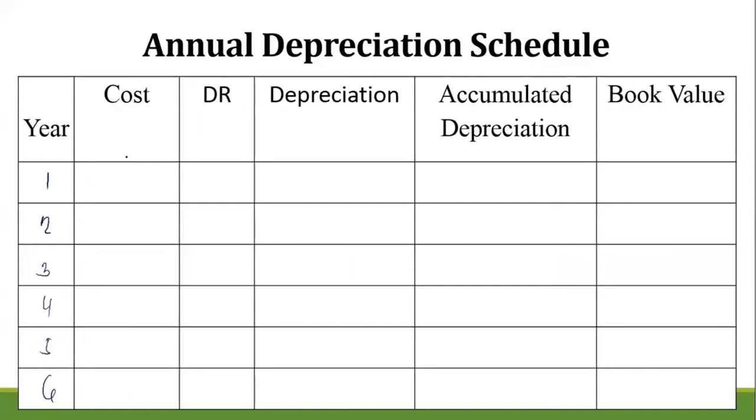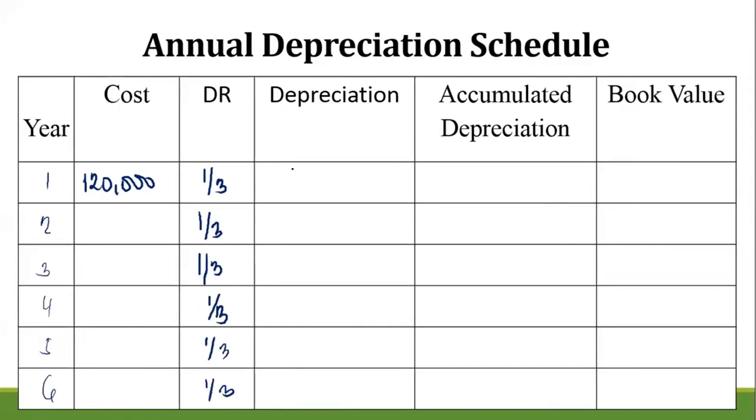So, on the first year, the original cost is 120,000. And each year, the depreciation rate is 1/3. Okay, that is what we got earlier. So, 1/3. Right? So, for the first year, it costs 120,000 with the depreciation rate.